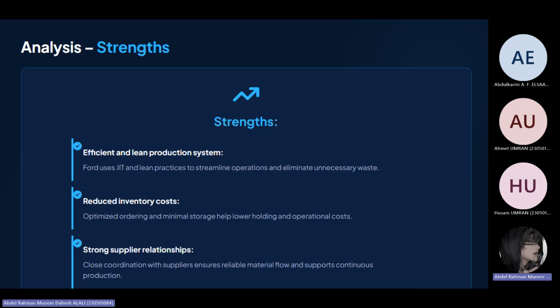Third, Ford has a strong supplier relationship through close collaboration and integration with suppliers. Ford ensures a reliable and continuous flow of materials, which supports smooth production without any interruptions. Overall, these strengths allow Ford to operate more effectively, reduce cost, and finally maintain a stable and well-conditioned production system.